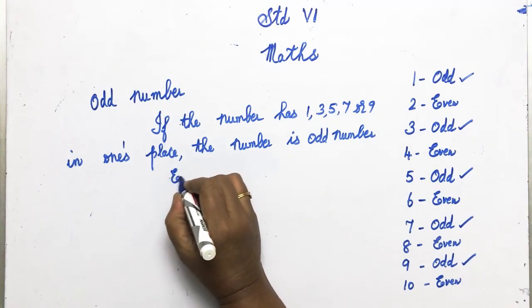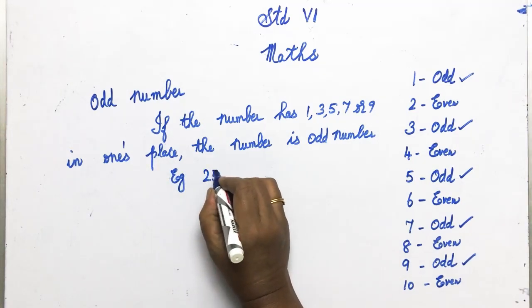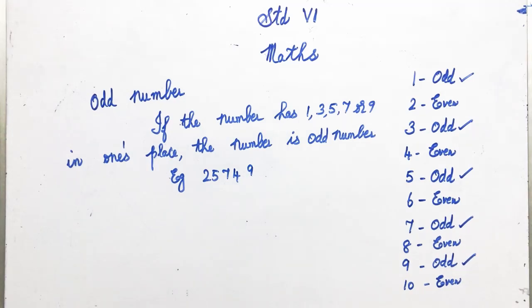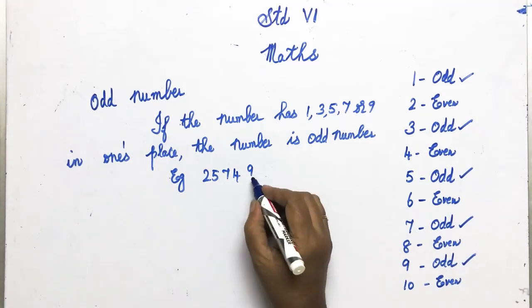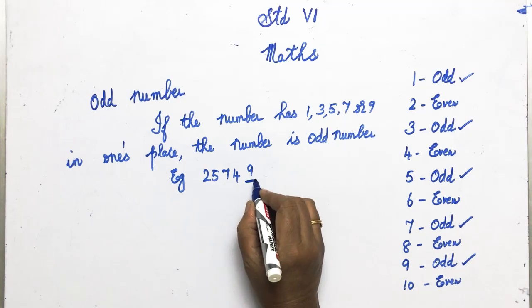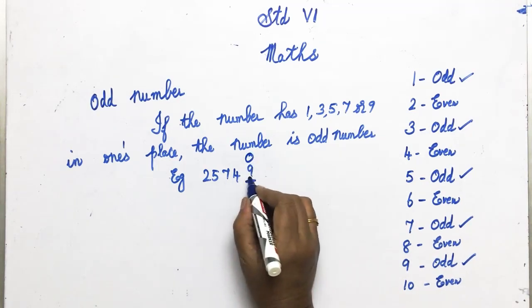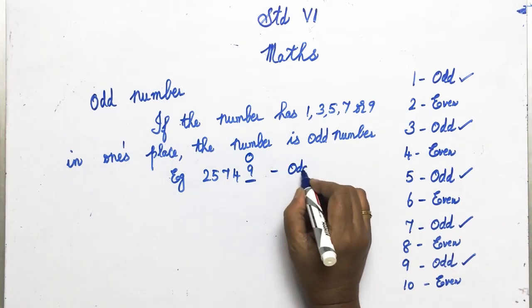For example, 25,749. Now to find out whether this number is even or odd, we have to see the digit in ones place. Here it is 9, an odd number, so this number fully is an odd number.